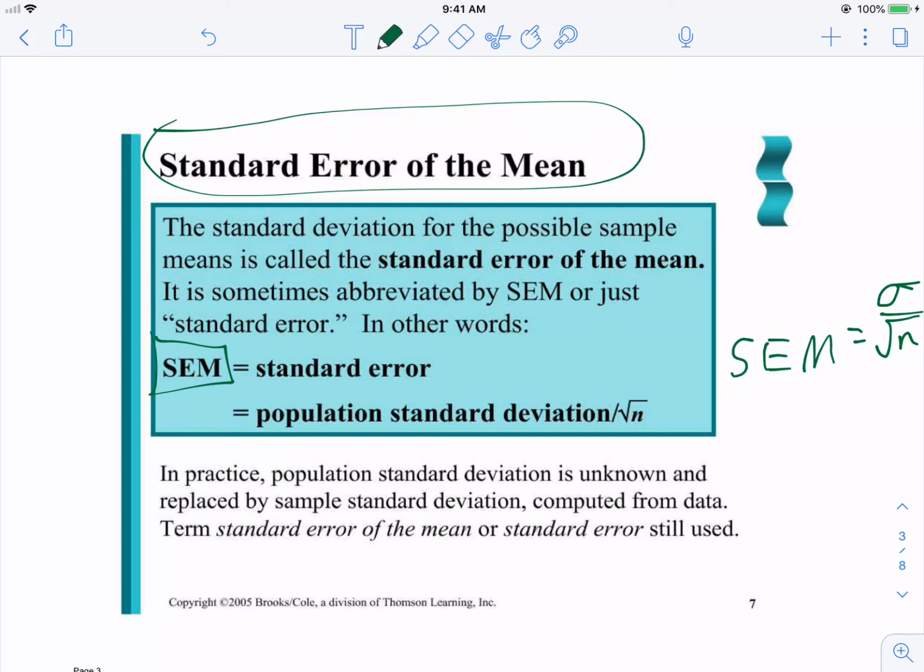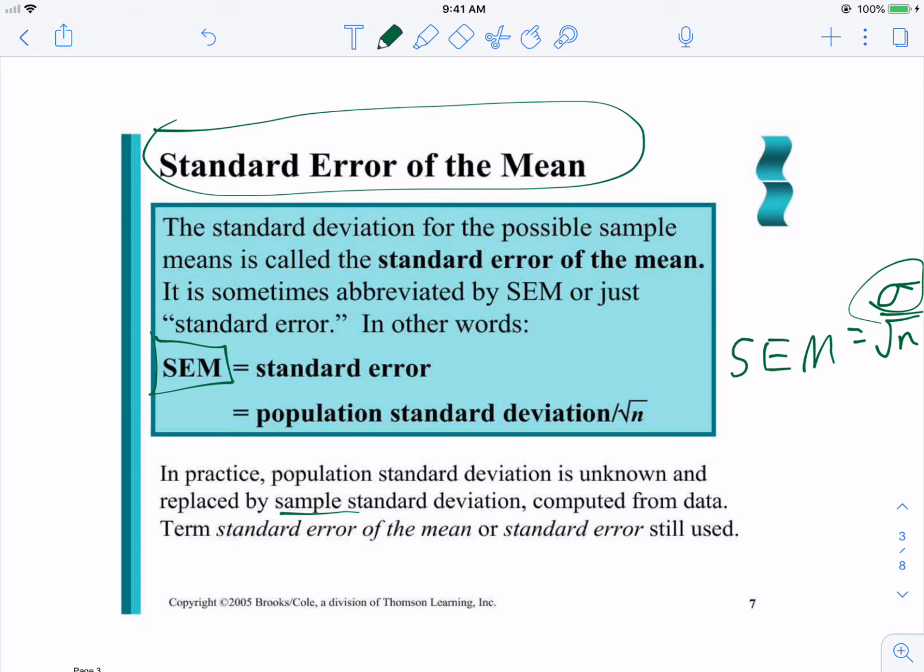Now the problem is we've seen that you're taking a sample to represent that entire population. So it doesn't really make much sense that we would have the population mean or the population standard deviation. So what we're going to be doing is replacing that population standard deviation right there with the sample's standard deviation.